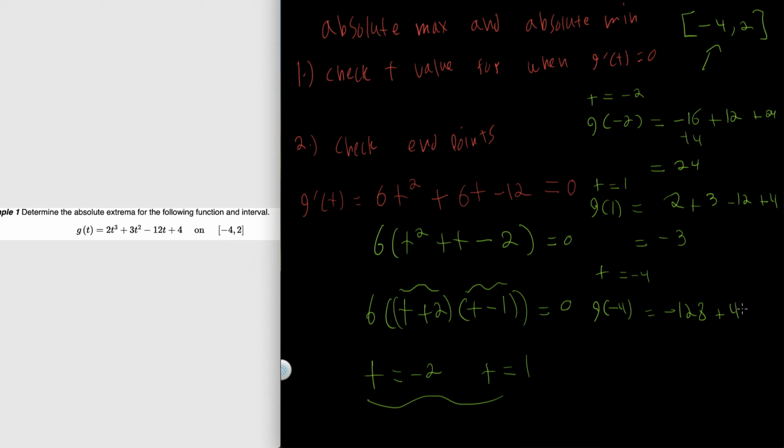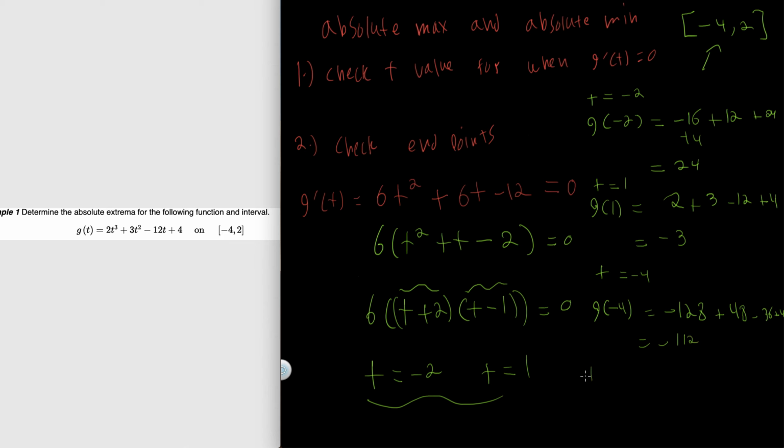Yeah, 48. Minus 36 plus 4. All right, first let's figure out 48 minus 36. That's 12. 12 plus 4 is 16. So negative 128 plus 16, I believe that's negative 112. So it looks like this is definitely going to be the minimum.